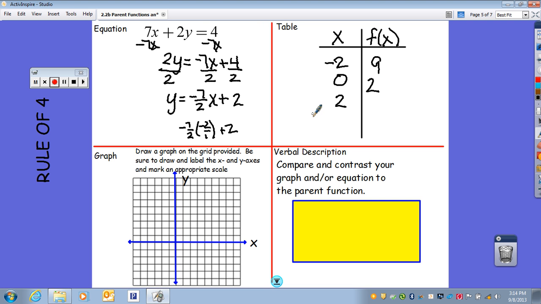When I put in a positive 2, that will be the same thing as this fraction, 2 over 1, except it will be positive. So I'm going to get negative 14 over 2, let me show you just to make sure you understand. Negative 14 over 2, which is negative 7, and then negative 7 plus 2 is negative 5.